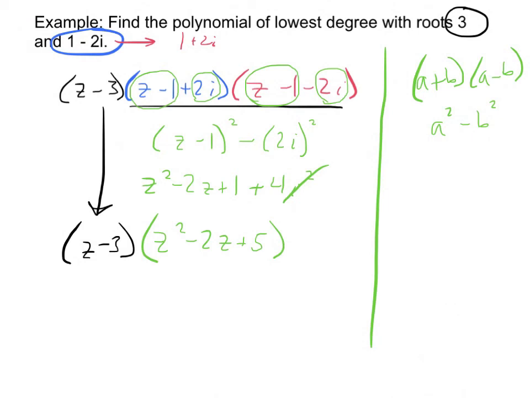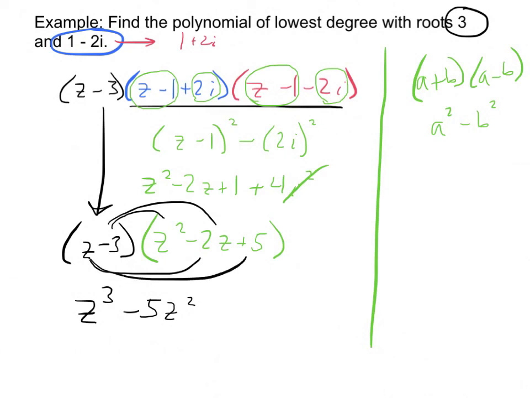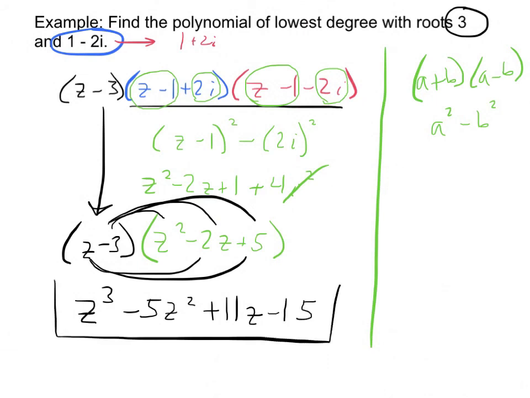When I FOIL this whole thing together, I'm looking at z cubed, minus 3z squared minus 2z squared, so that's minus 5z squared. Then plus 6z plus 5z, that's plus 11z, and then minus 15. This is the polynomial of lowest degree that has those roots.